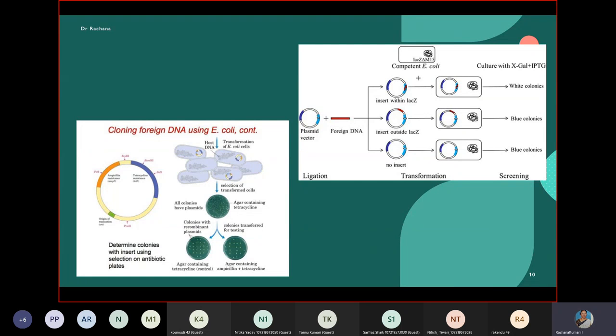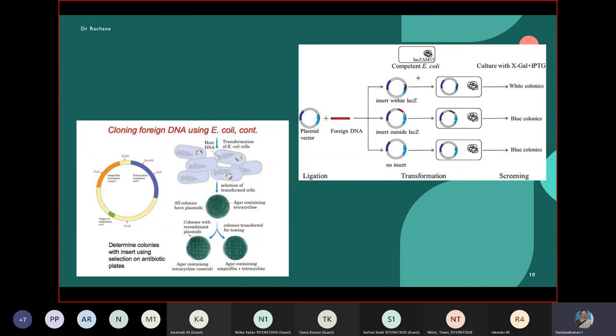And once we are inserting the target DNA or the foreign DNA into the plasmid, we need to differentiate this plasmid vector, which consists of a foreign DNA or the DNA of insert in the vector, on introducing into a suitable host.